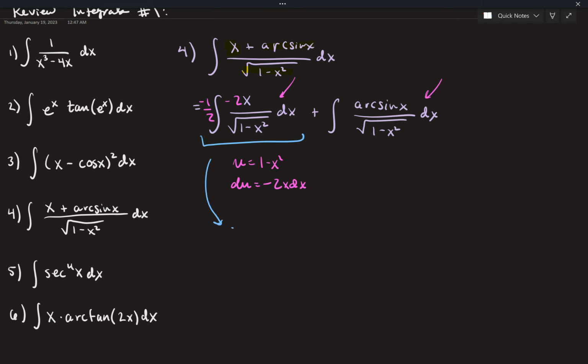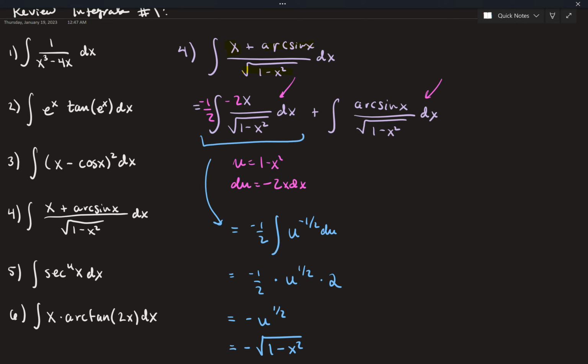This integral is negative a half integral u to the minus a half du, which is minus a half times add 1 to the power and divide by the new power. Divide by a half turns into times 2, which is minus u to the half, which is minus square root 1 minus x squared.